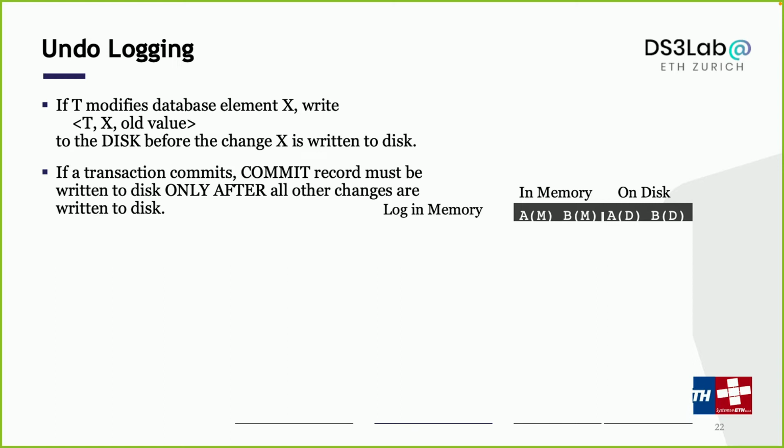Before the transaction actually changes the X value on my hard drive, I will make sure the log record about the old value is flushed to disk. If a transaction commits, you will have a commit record in your log, and this record must be written to disk only after all other changes of the transaction are written to disk.